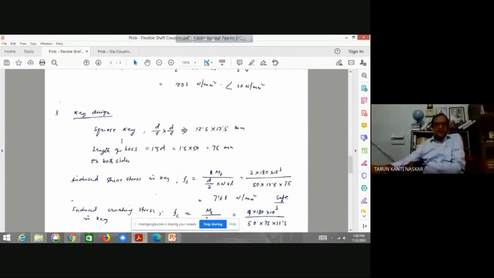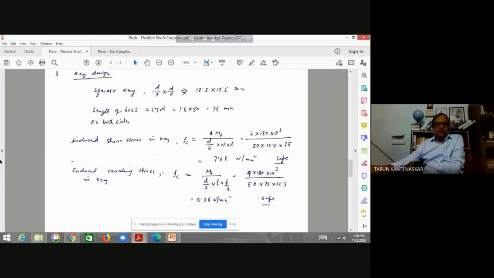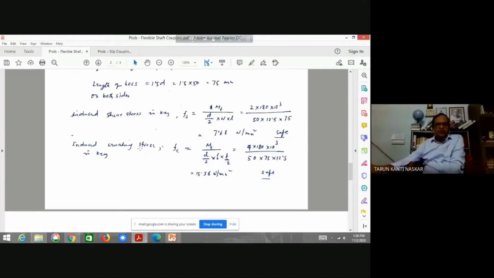Now key design, there will be a square key, that is d by 4 by d by 4. Length of boss is 1.5 d, that you can find out. Now the induced shear stress in the key, so you have to check the key against shear stress. You have already learned how to design the key when you learned the design of shaft.